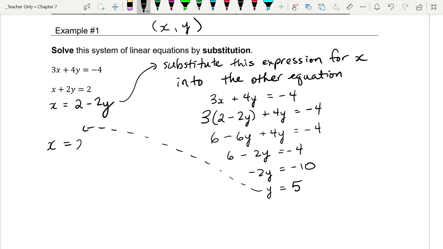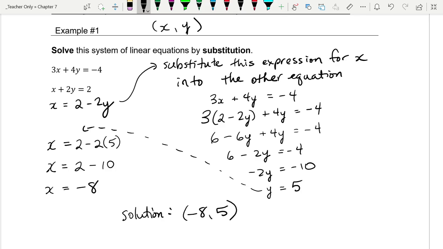Then that's 2 minus 2, and instead of y, I know y is 5. So x is equal to 2 minus 10. x is equal to negative 8. So there it is, the actual solution is -8, 5.